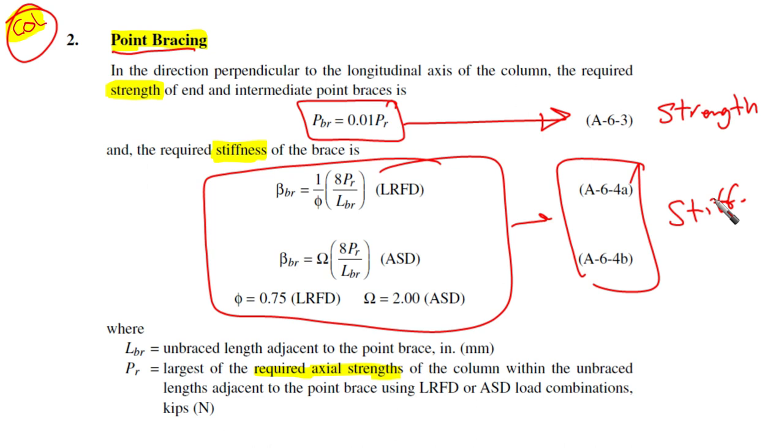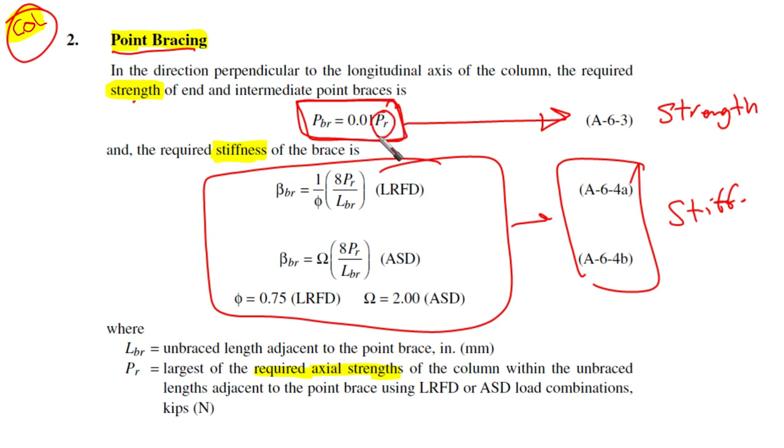That's right, so we have strength and stiffness. If you look here, in the direction perpendicular to the longitudinal axis of the column, the required strength of end and intermediate point braces is going to be this amount, 0.01 PR.